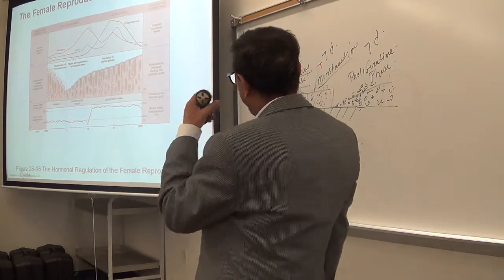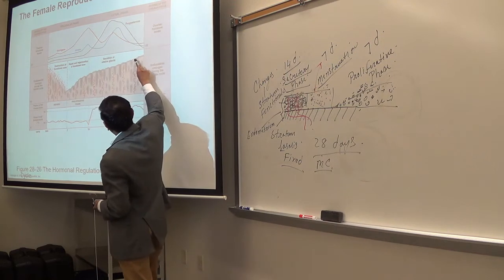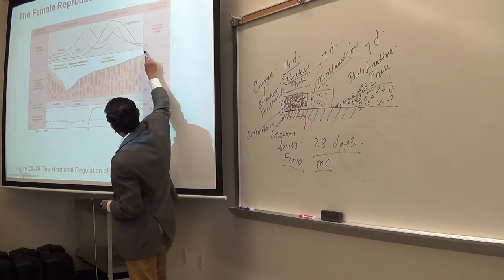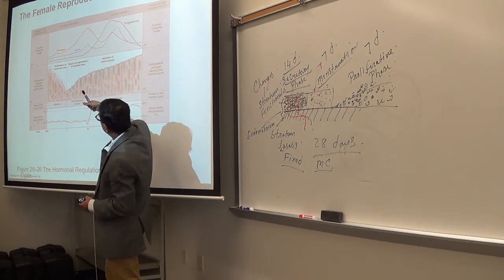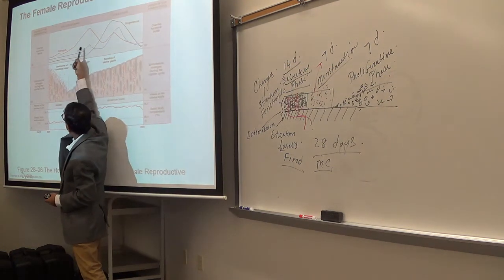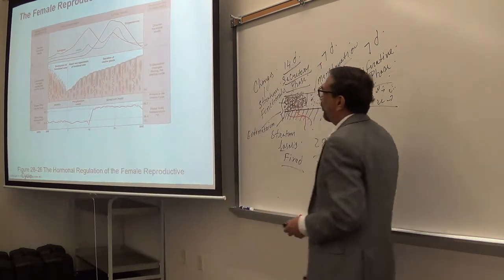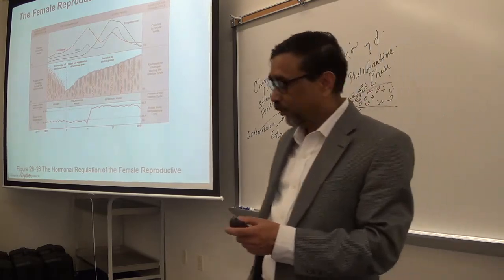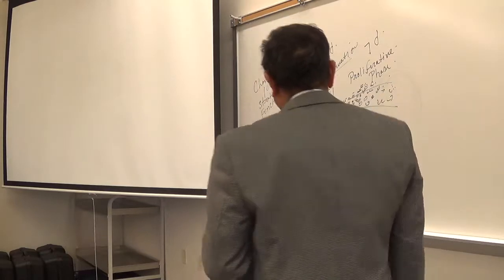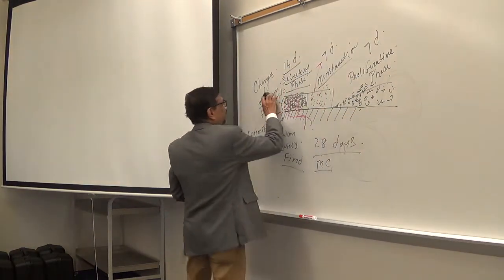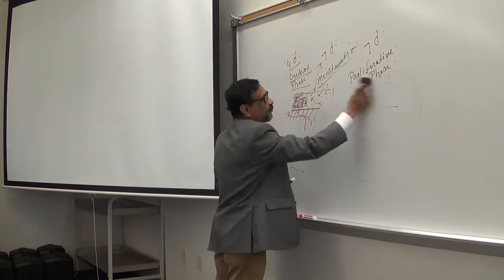So just remember that progesterone is higher than estrogen during the secretory phase, and drop of progesterone causes the destruction, squeezing the artery, and during the proliferative phase, estrogen level goes up, and that causes the growth or formation of the layer again. So those are the three phases of the menstrual cycle.